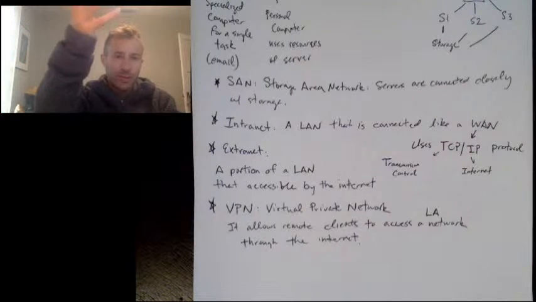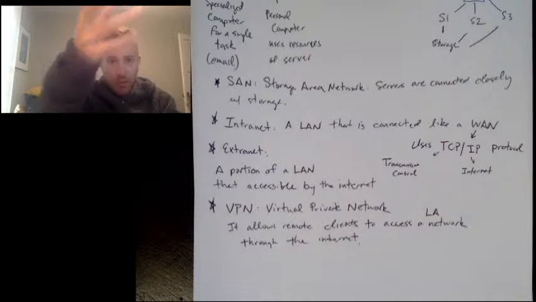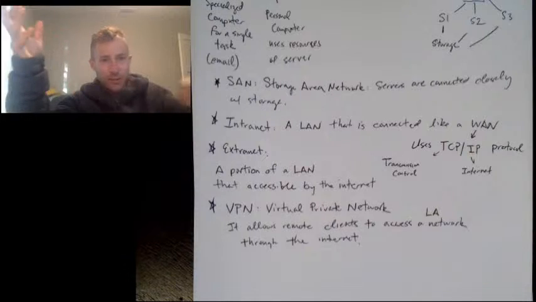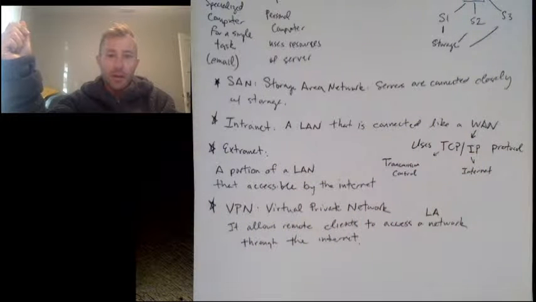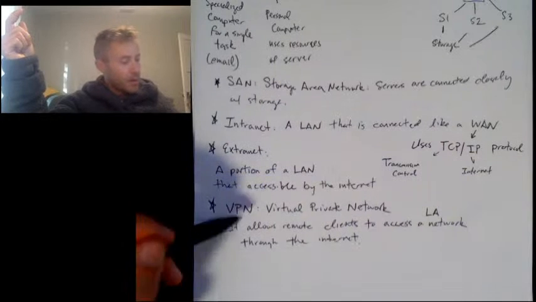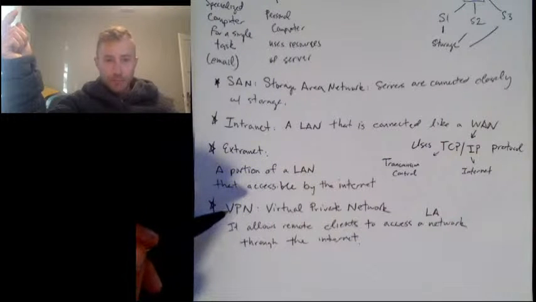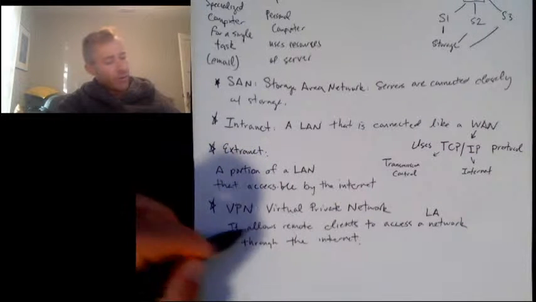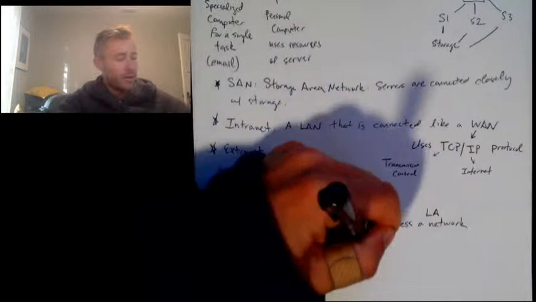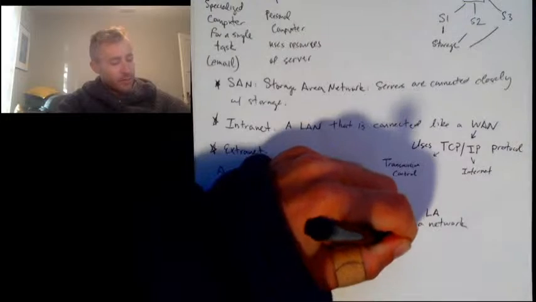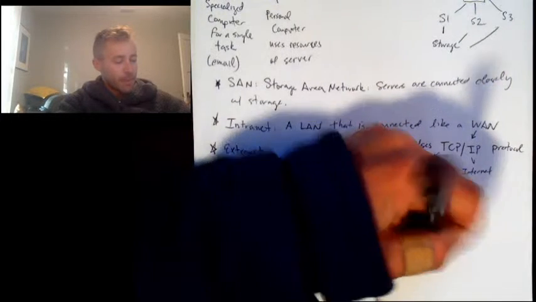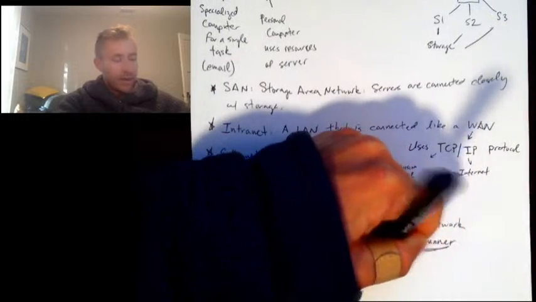So he was physically connected to the network before, but now he's not, so he needs to connect to the network through the internet. That's called a VPN, and I should say it allows remote clients to access a network through the internet in a secure manner.